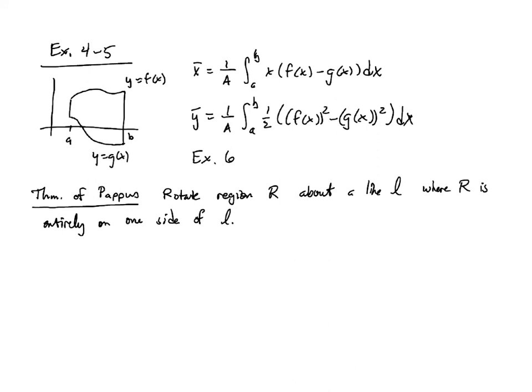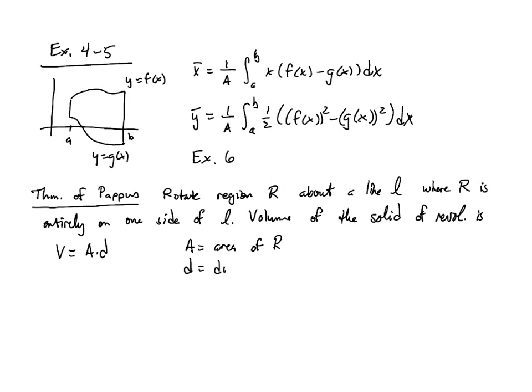And then you have a very nice formula for the volume of the solid of revolution. It's V equals A times D, where A is the area of the region and D is the distance traveled by the centroid when it's rotated about the line.